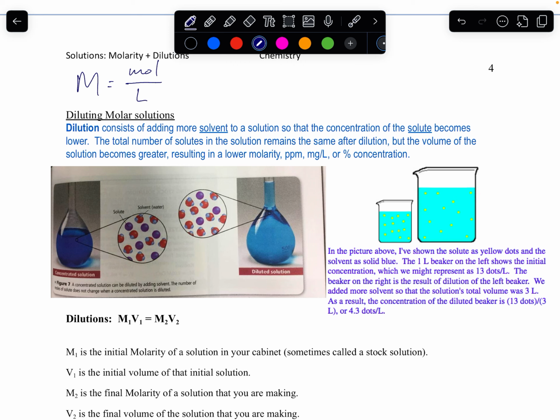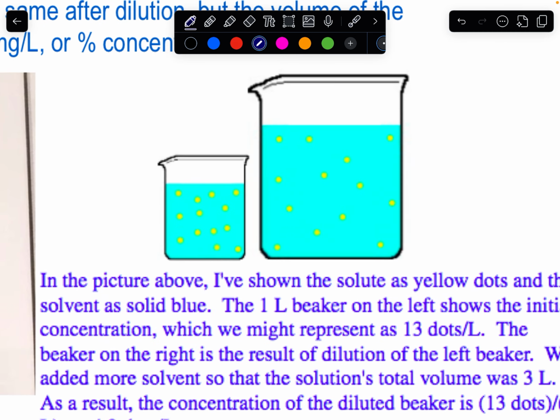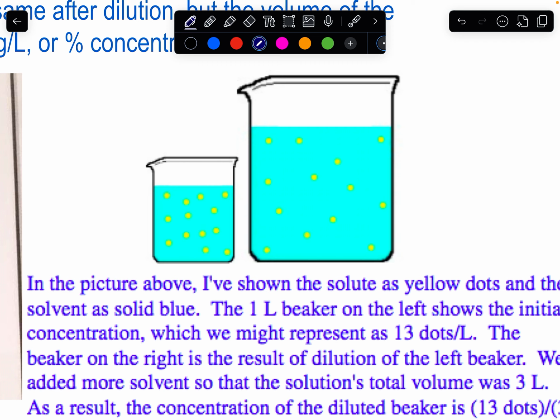Okay, so when I do that, we are making our dilution, and if you take a look over here at this picture of the two beakers, aside from the fact that these two beakers are different sizes, that doesn't really matter all that much. What I'm more concerned about is taking a look at those two solutions.